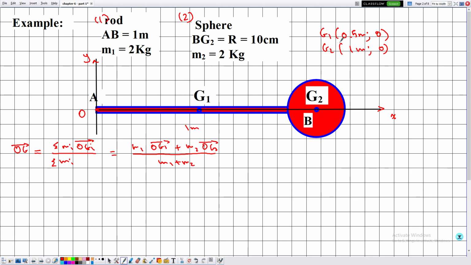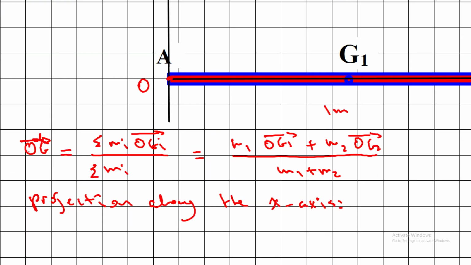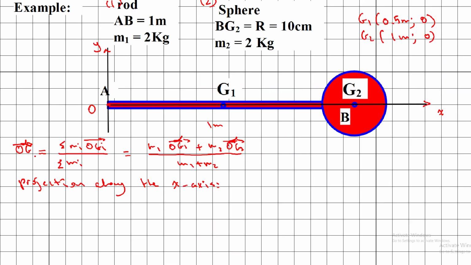Now, because we have specified the coordinates of the centers of gravity G1 and G2 for the rod and for the sphere, applying this formula will be straightforward. The next step is to project along the x-axis and the y-axis. So projection along the x-axis. How do we project along the x-axis? Simply we get rid of the vector, and each vector quantity will carry the label x.